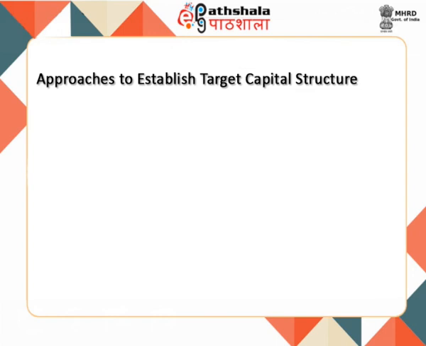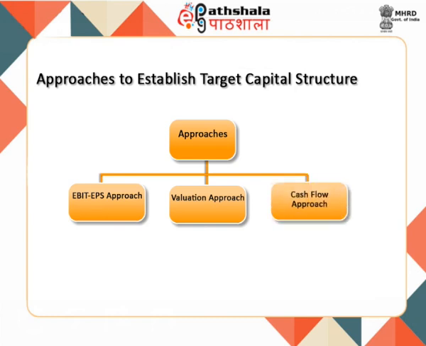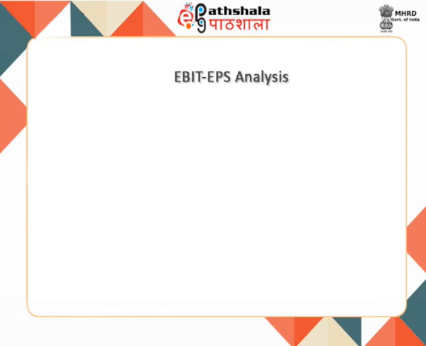Now, we move on to the approaches to establish a target capital structure. There are three approaches to establish a target capital structure: EBIT EPS approach, valuation approach, and cash flow approach. The first approach is EBIT EPS analysis.